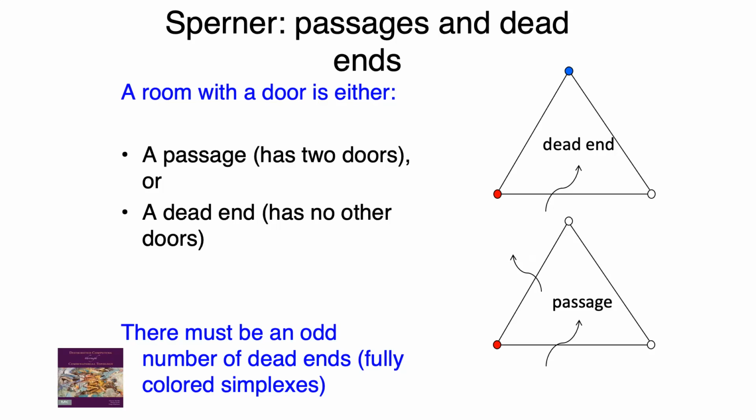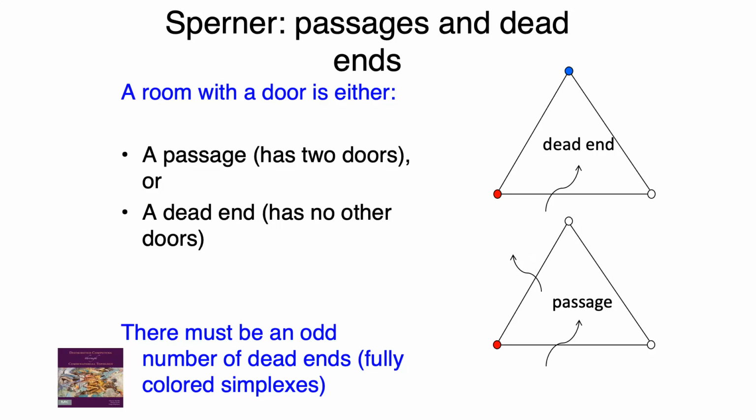You can generalize it very trivially because you have an n-dimensional simplex, which has at least one door, because we consider a room with a door. What is the door? A door is an n-1 dimensional face of this n simplex, which contains all colors from 0 to n-1. So basically you have only one remaining vertex, and you can assign a color to it. If this color is the remaining color n, the one which is not used in the door, it's a dead end. There's only one door, right?